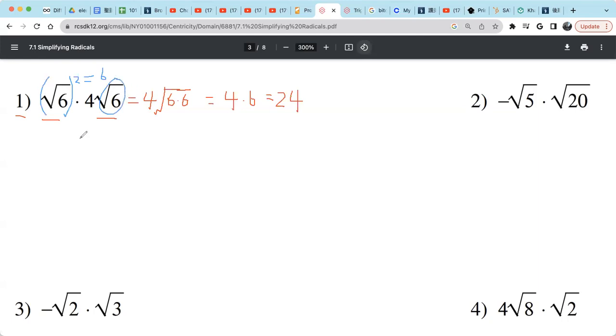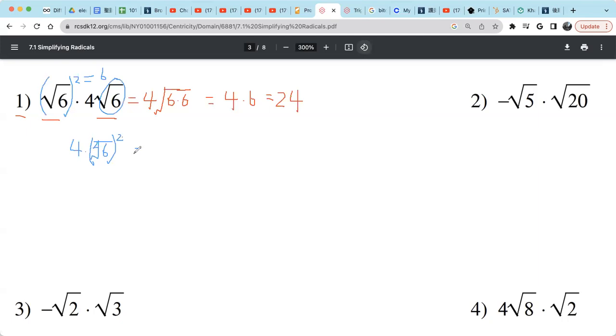So you could think of this as 4 times the square root of 6, squared. With or without parentheses, the power is 2 and the index is 2, where the index 2 is invisible by default. 2 over 2 is 1, if we read it as a rational exponent.